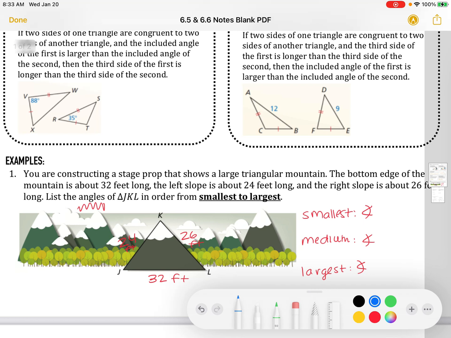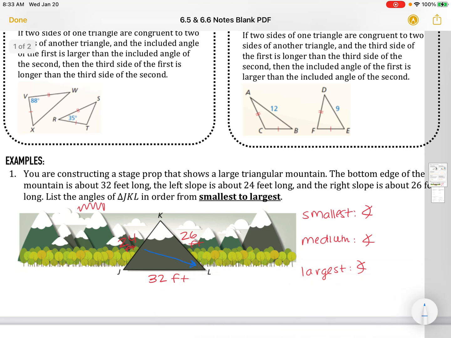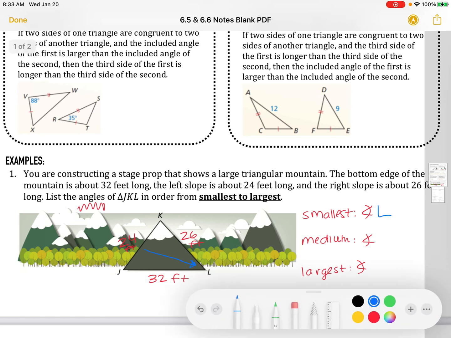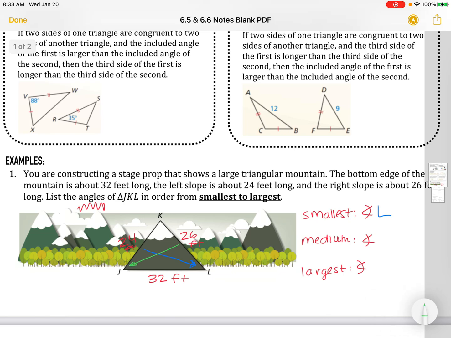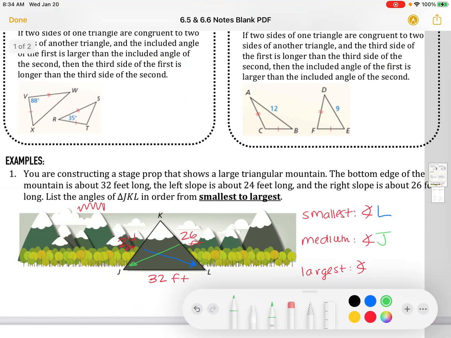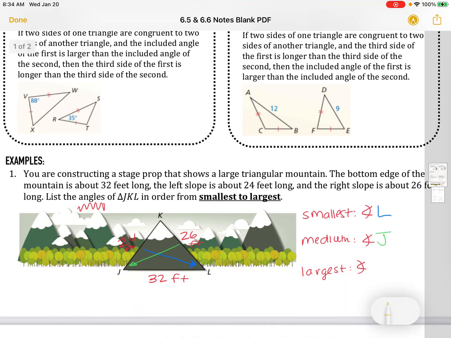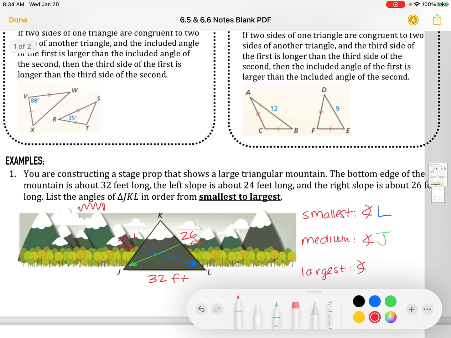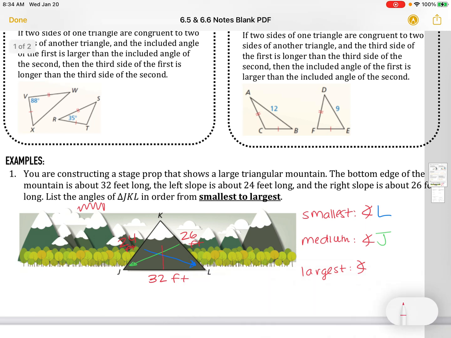So the smallest angle will be across from the shortest side. The shortest side is 24 feet. That means angle L is my smallest angle. My medium-sized angle is across from the middle side. Oops, that's angle J. And the longest side will be across from the largest angle. And here's 32 feet. That tells me angle K is going to be my largest angle.